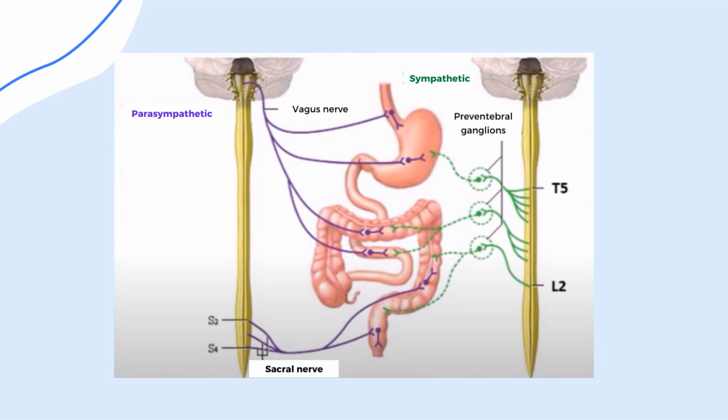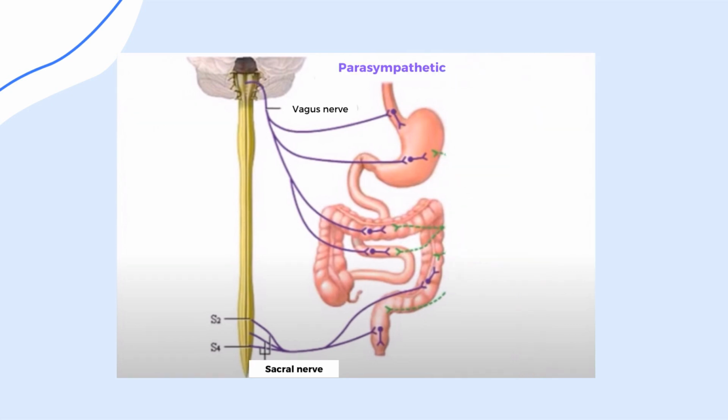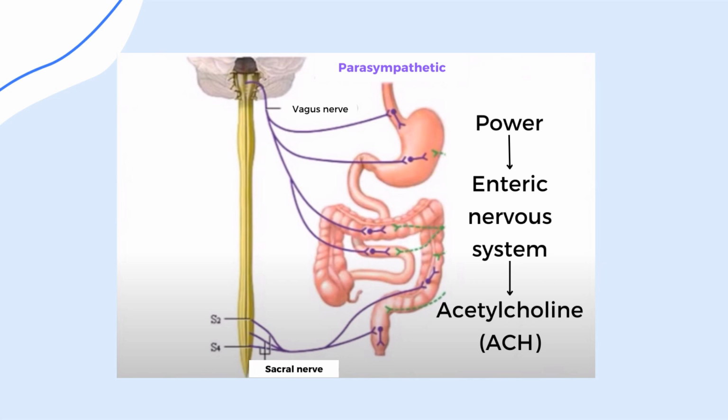In the control of the autonomic nervous system, we have the sympathetic and parasympathetic nervous system. The parasympathetic nervous system innervates the intestine through two divisions, the cranial division through the vagus nerve, and the sacral division through the sacral nerves. Its stimulus potentiates the enteric nervous system, thanks to its released neurotransmitter, which is acetylcholine.